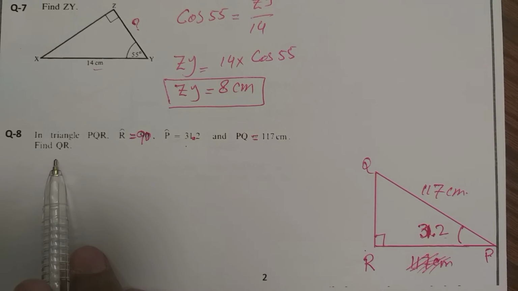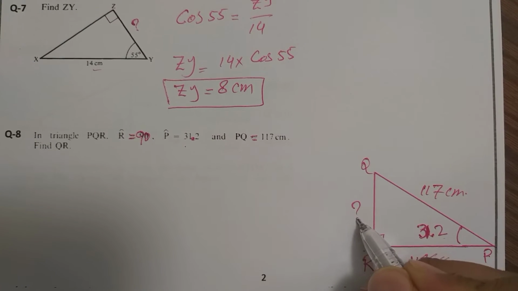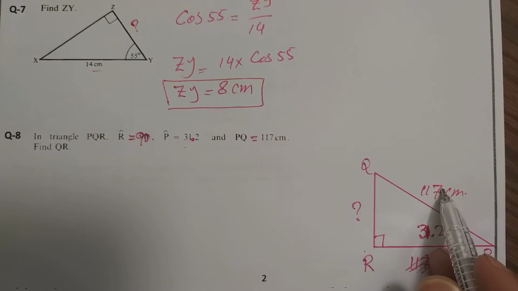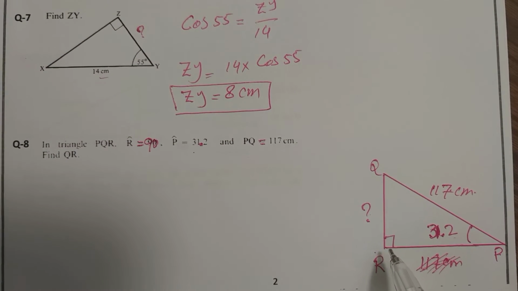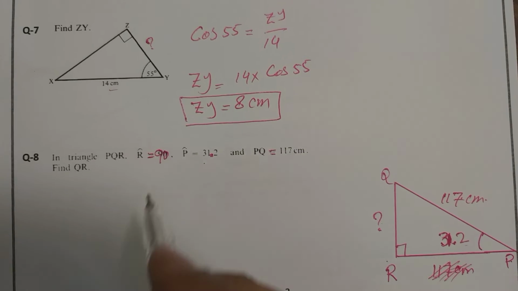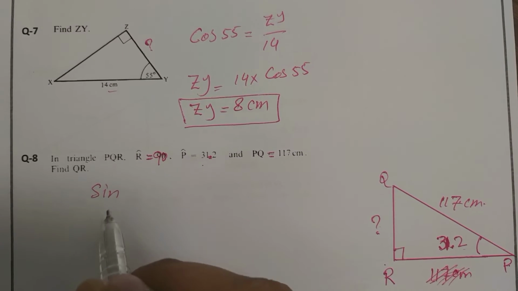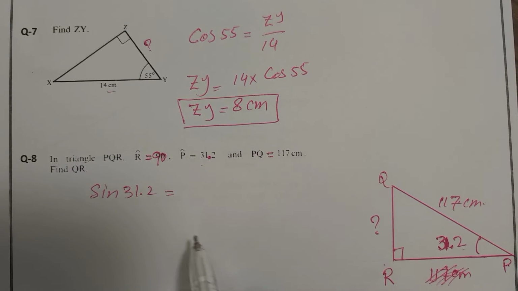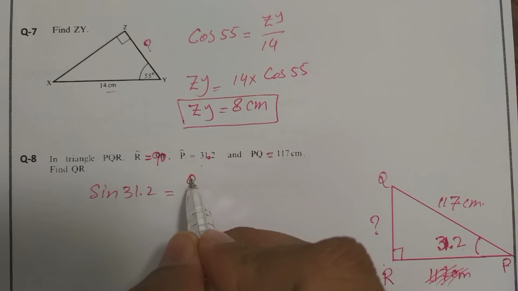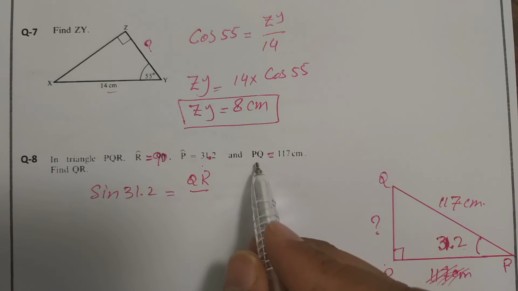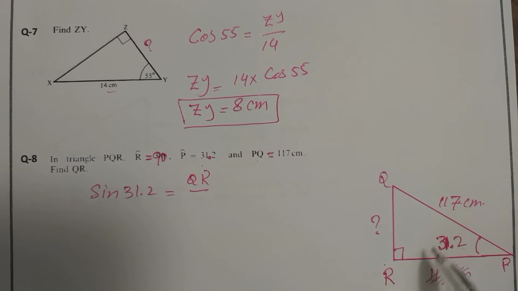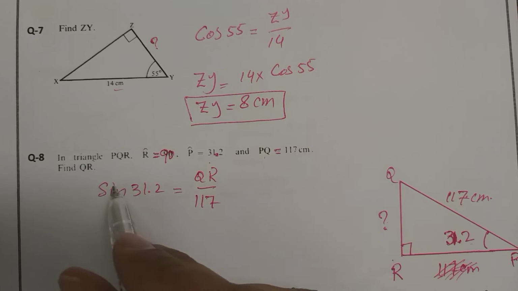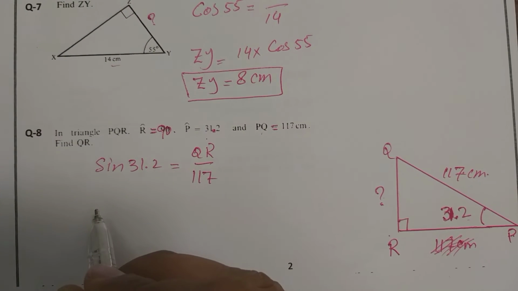We need to find QR. According to this, this is the opposite and this is the hypotenuse. Opposite and hypotenuse, we know that we apply the sine rule. So sine of the given angle 31.2 equals the opposite, which is QR, which we need to find, over PQ, which is the hypotenuse in front of the right angle. It is 117. Again, this is division, when you transfer to the other side it becomes multiplication.